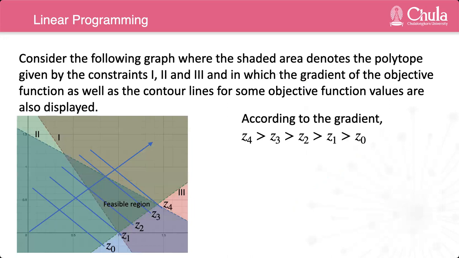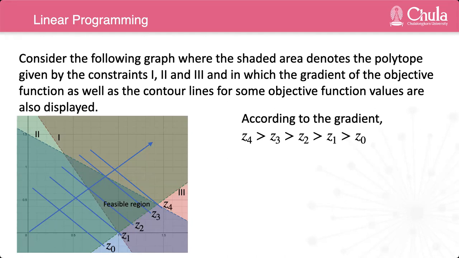Okay, so how can we use this idea to solve linear programming? We have to draw the constraints. As I told you, if we know the feasible region and we want to maximize, of course, we follow the gradient direction.